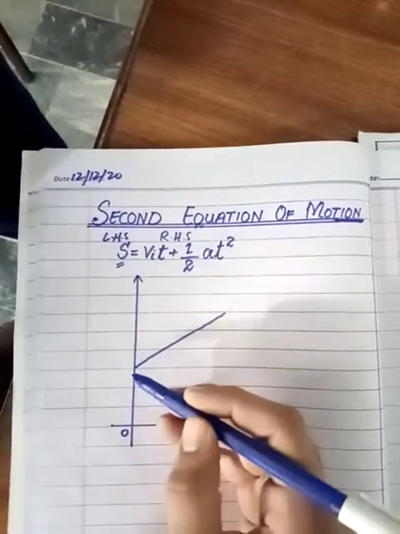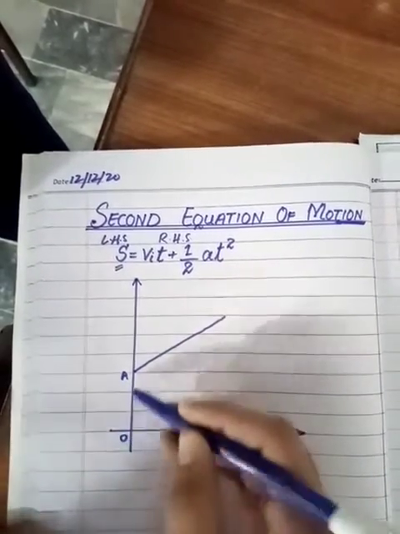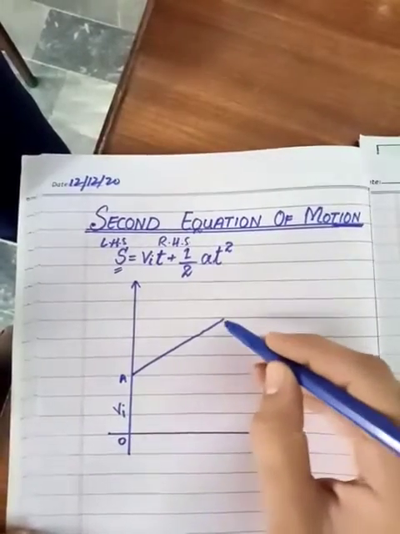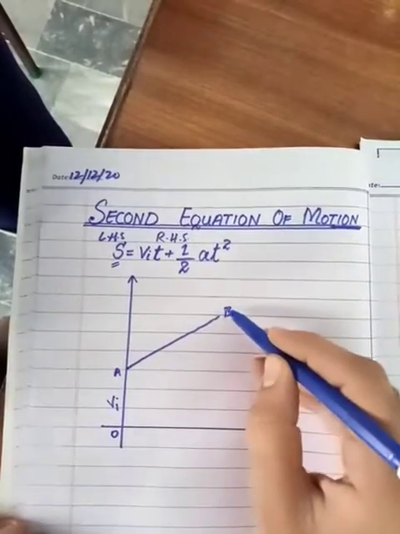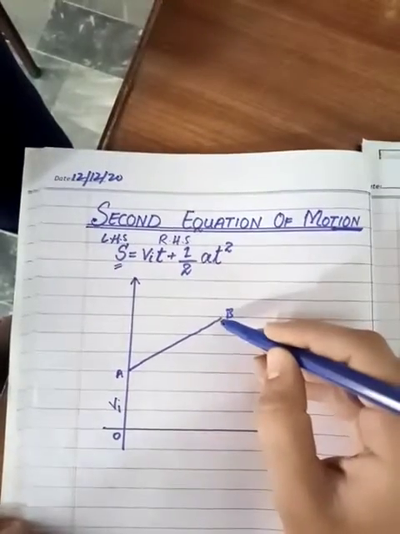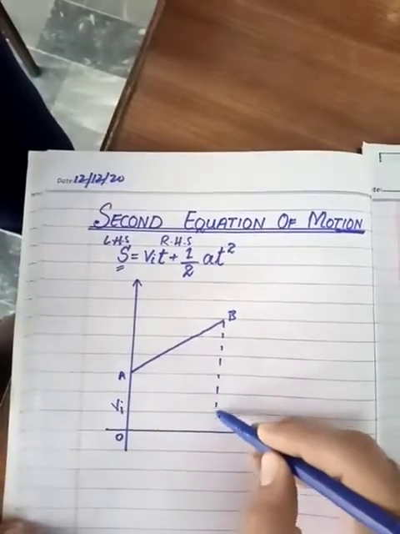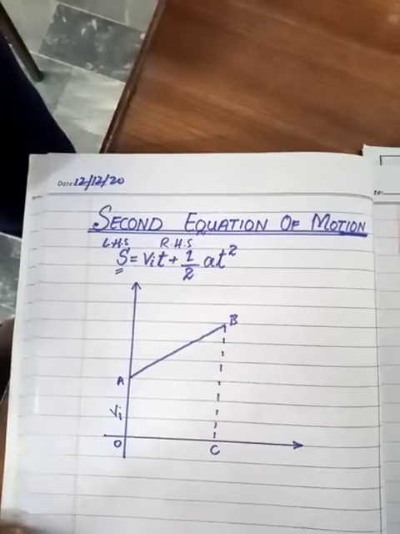The body starts at point A, so OA represents the initial velocity of the body. When the body comes to that point, the point will be point B. From here we will draw a perpendicular line to another point, which is point C.